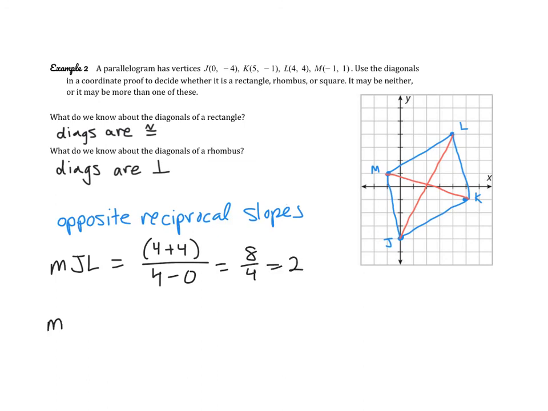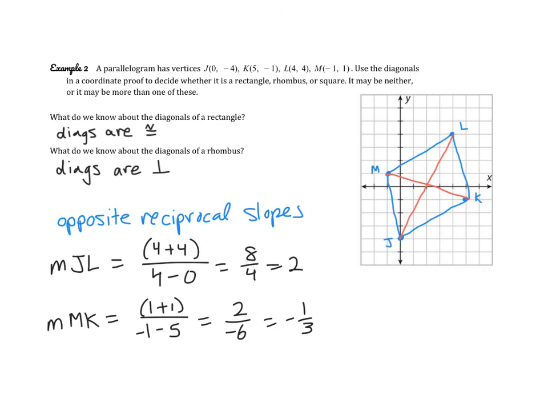And now let's find the slope of MK. So here we could do 1 minus negative 1. So 1 plus 1 over negative 1 minus 5. So this equals 2 over negative 6, which equals negative 1/3.